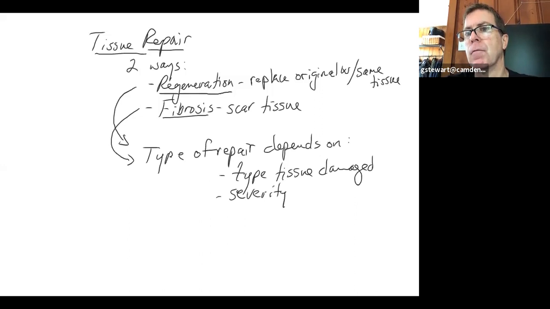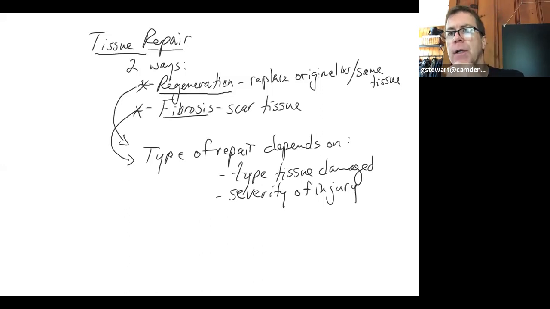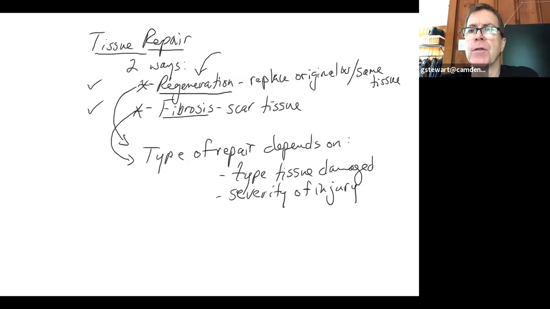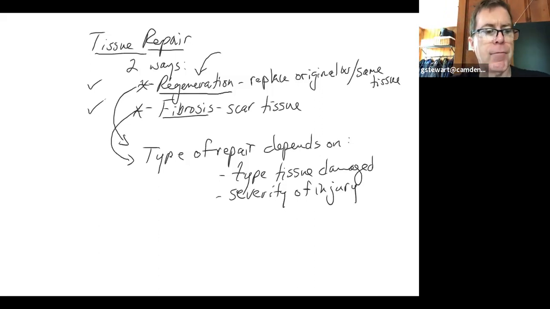So that dictates whether regeneration and how much of it occurs, and whether fibrosis and how much of it occurs. Typically, only certain tissues and very, very non-severe injuries do we get complete regeneration and no fibrosis. So oftentimes we get a combination of regeneration and fibrosis in our tissue repair process.